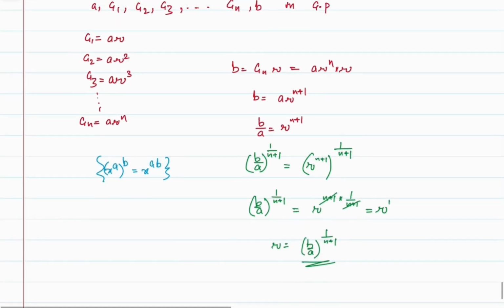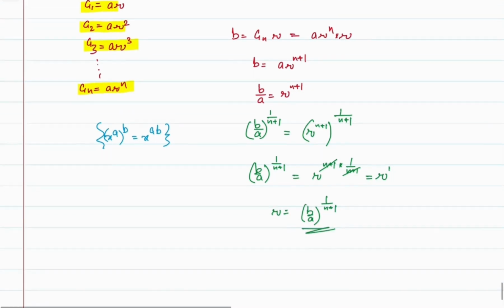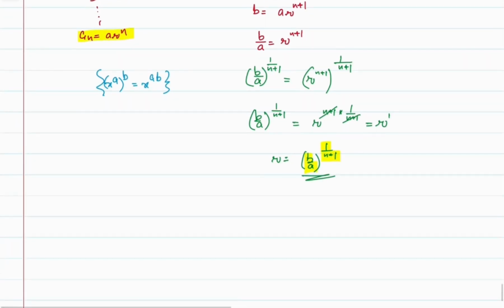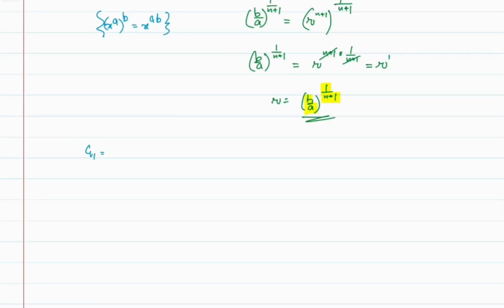Now since we know that g1 is equal to a into r, g2 equal to a into r square, g3 equal to a into r cube, and so on up to gn equal to a into r power n, when we substitute the value of r, which is (b by a) power 1 by n plus 1, g1 will be a into r, which is equal to a into (b by a) power 1 by n plus 1.